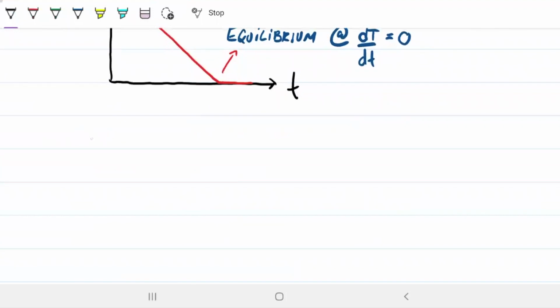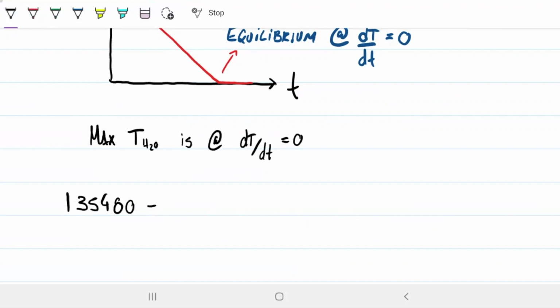So let's see, maximum T is at dT equals zero, right? So what I'm going to do is simply take this minus this equals 4 times 10 to the 6 dT, and I'm going to say this equals zero.